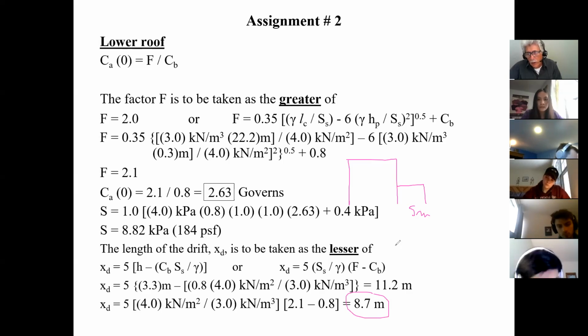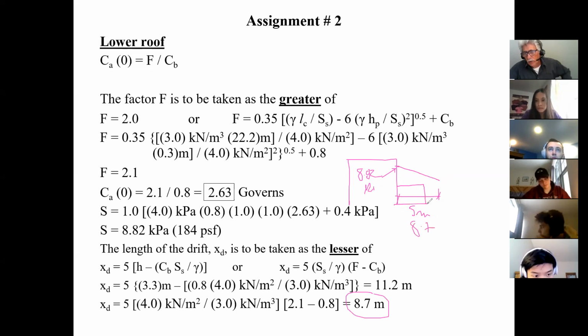In other words, the snow here is going to be 8.82 kPa, and it drifts over a distance of 8.7 meters, but my building is only 5 meters long. So what do I do then?